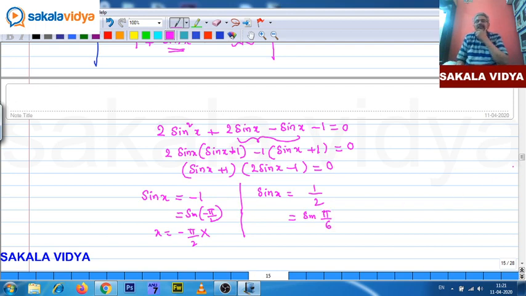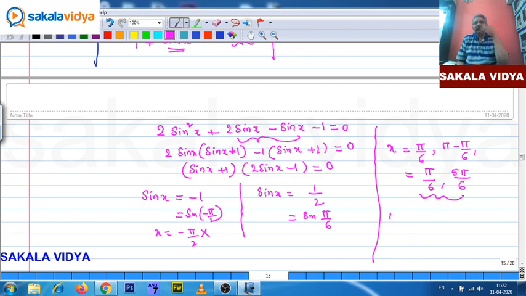Now what are the next solutions between 0 and 2 pi? So x is equal to pi by 6, and sin is positive in the second quadrant also, that is pi minus pi by 6. So we have pi by 6 and 5 pi by 6. How many solutions are there here? Number of solutions is equal to 2.